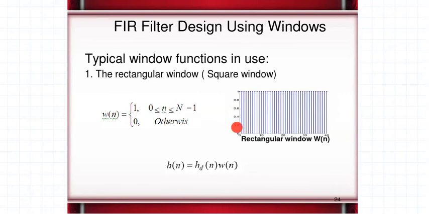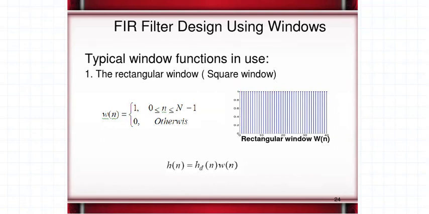So if we multiply this window with an infinite impulse response, the infinite impulse response turns out to be finite, and the length of the finite duration is decided by the length of the window, because the window is 1 over a certain period and 0 otherwise. Since it is 0 outside this length, an infinite series becomes finite by multiplying it with a window. This is the simplest window because all the samples have unit magnitude.